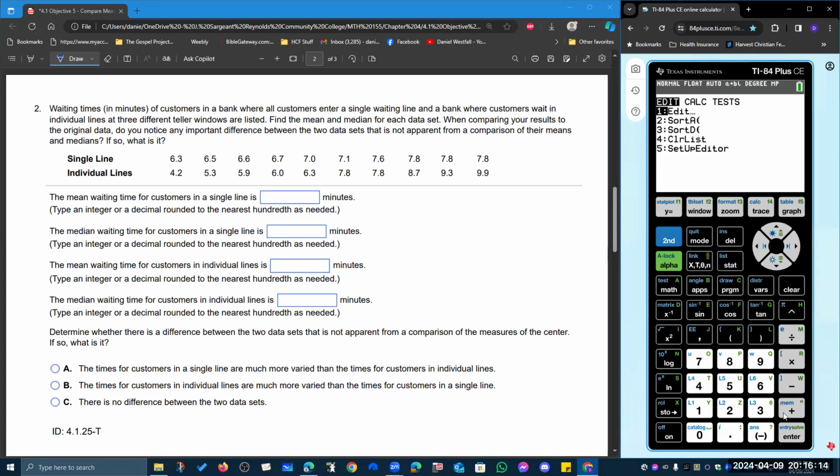And then come in here and put this data in: 6.3, 6.5, 6.6, 6.7, 7.0, 7.1, 7.6, 7.8, 7.8, 7.8, and then 4.2, 5.3, 5.9, 6.0, 6.3, 7.8, 7.8, 8.7, 9.3, and 9.9.